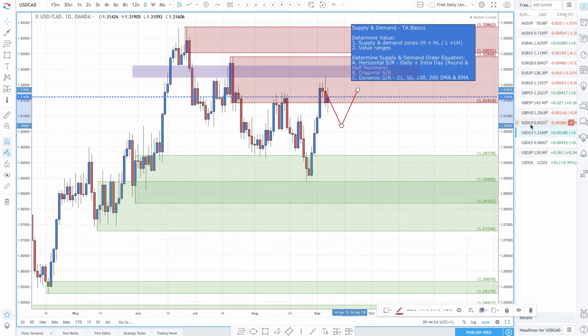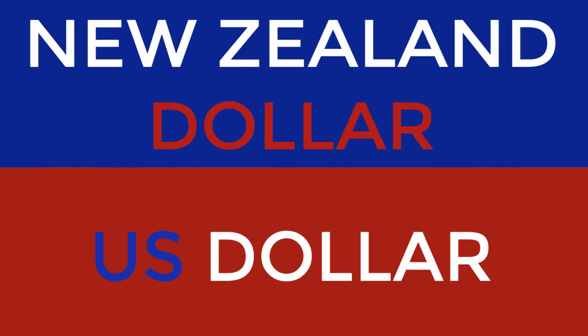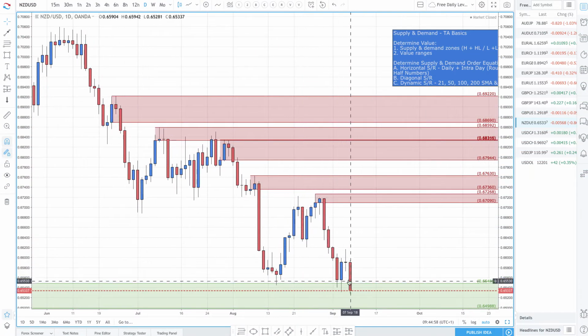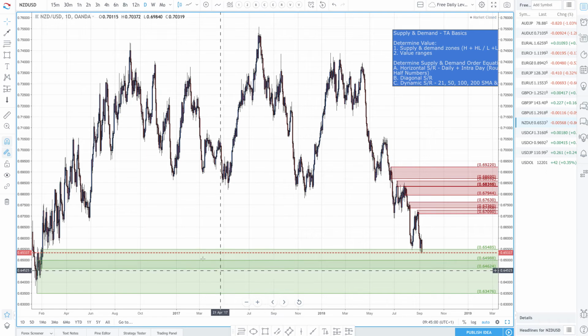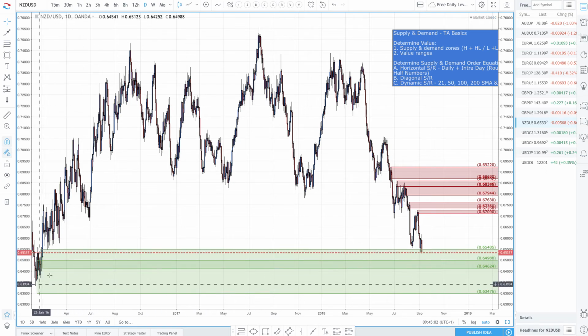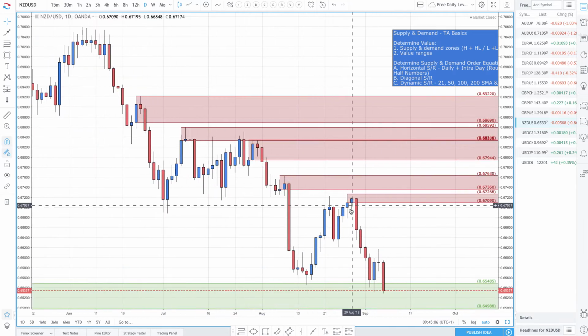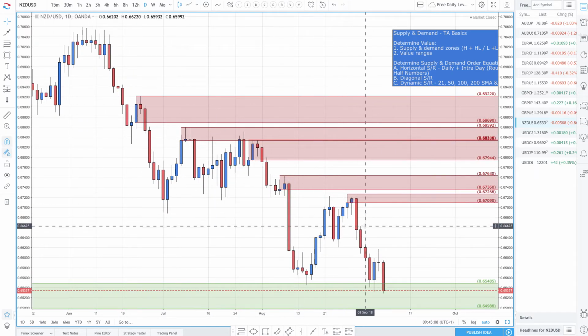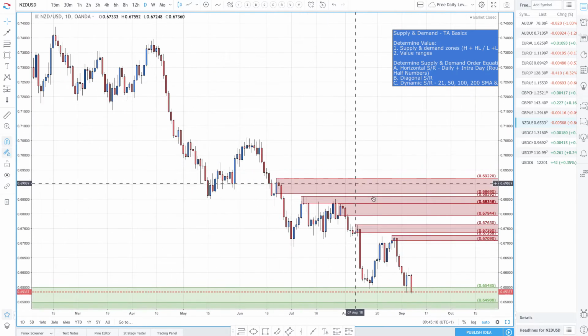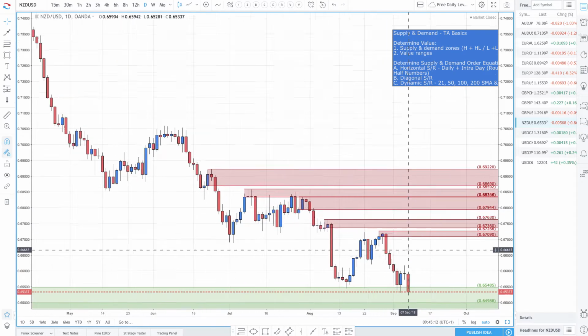Moving on to the New Zealand dollar, US dollar. And again, we did come down into this long term demand zone right here, but I'm always looking to get short, and I've been short on this currency pair for quite a few months.